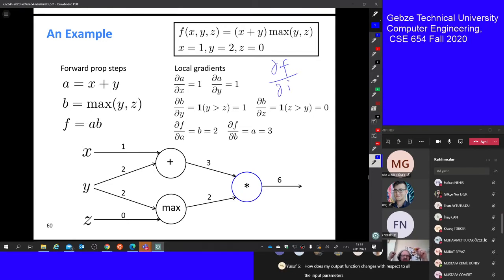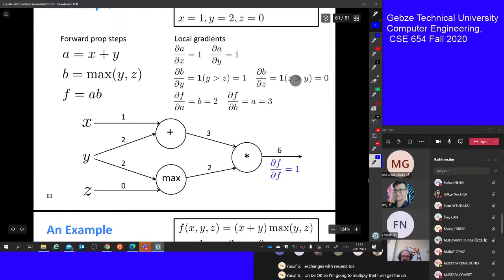For that I need to use the chain rule, right? Multiply all of them. So I am going to multiply how f changes with respect to a, then how a changes with respect to b, and I will get the results.